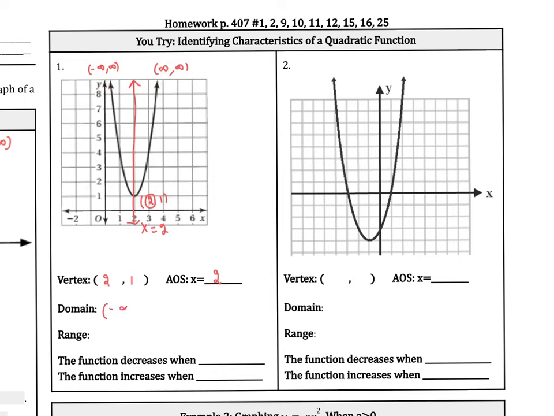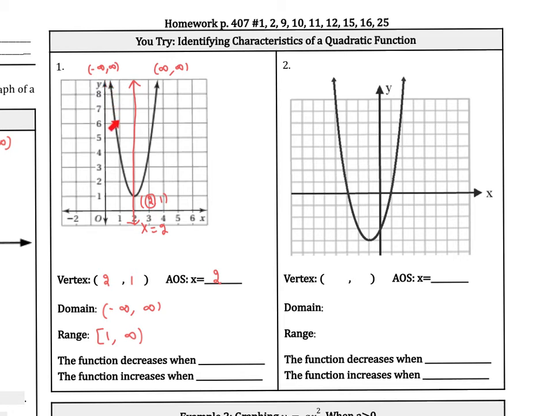That's your domain. Range is the height of the graph. So starting from y value 1, it is going to go up and up and up, so from 1 to infinity. For the function, when it decreases, the x value is less than 2.